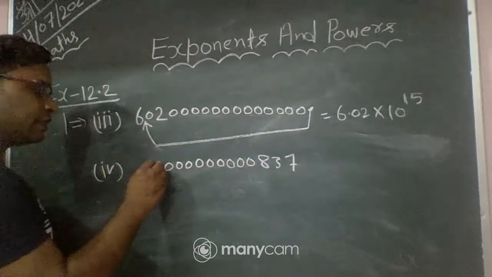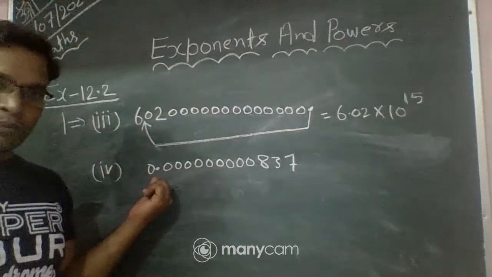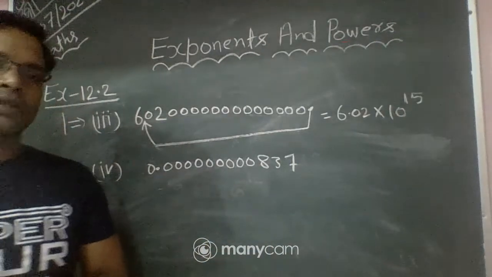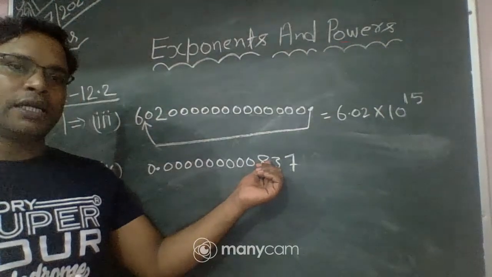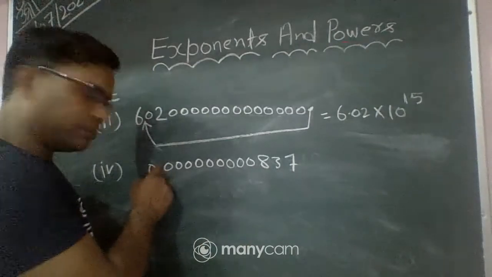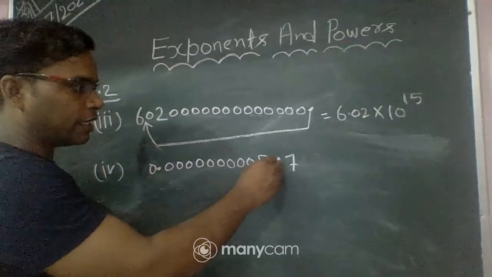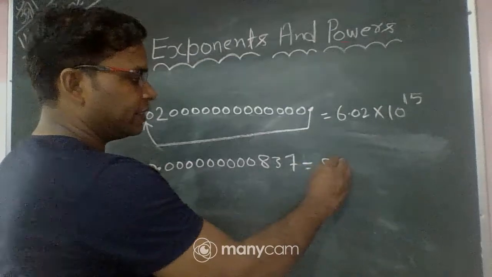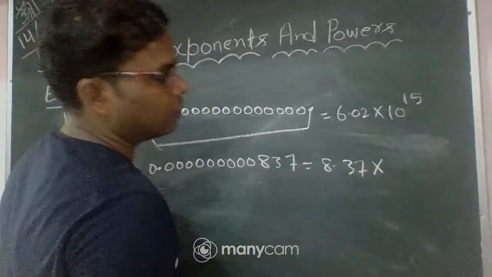This is a very small number, so the decimal point moves to the right till you get just 1 digit left of the decimal point. ओके, तो यहाँ से हम डेसिमल पॉइंट को मूव कराएंगे राइट साइड. सो यहाँ तक 1 डिजिट लेफ्ट, तो यहाँ पे हो जाएगा 8.37 into 10 to the power.